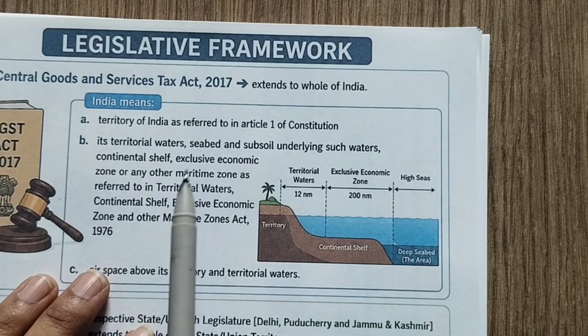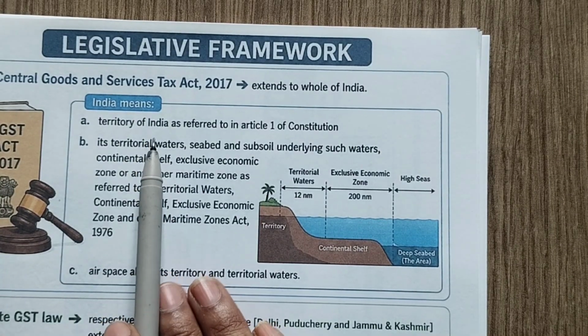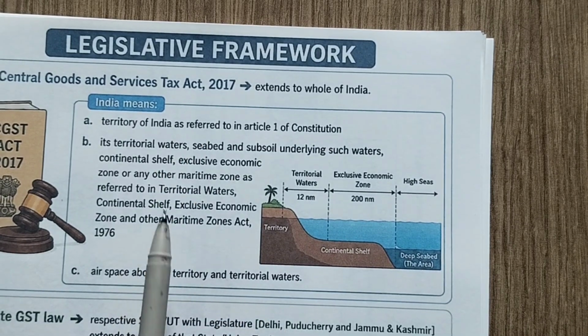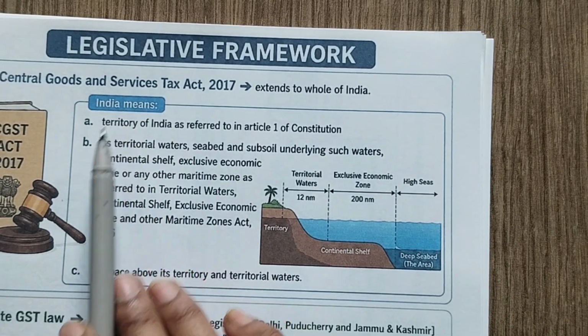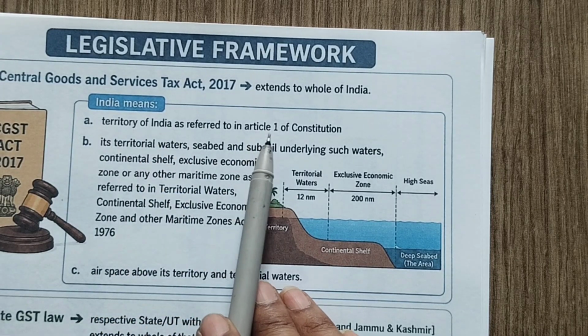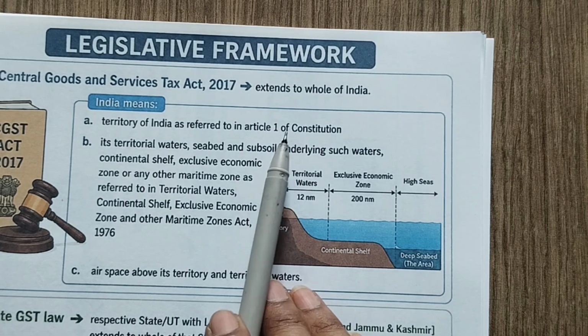Here you can see the meaning of India. What is the meaning of India under the GST? See, under GST, India means the Territory of India as referred to in Article 1 of the Constitution.